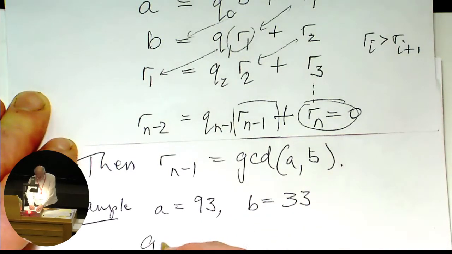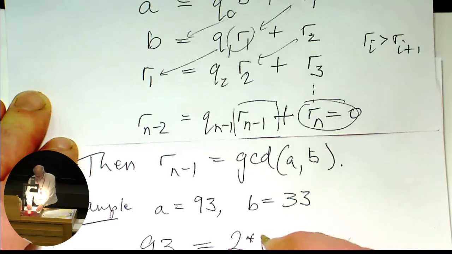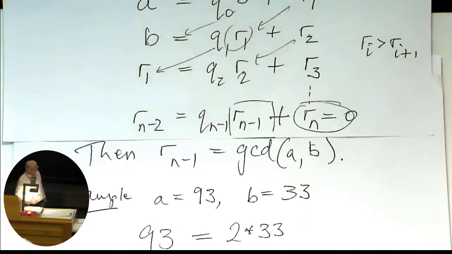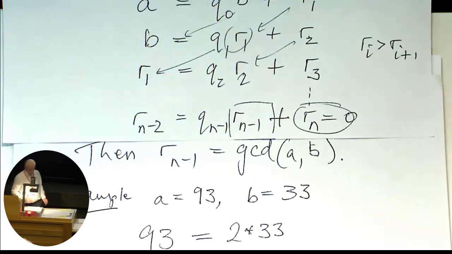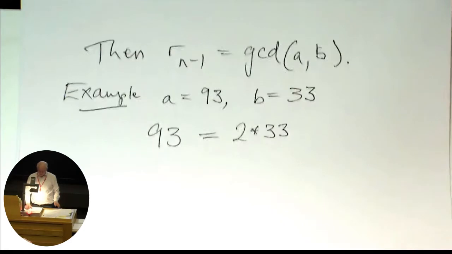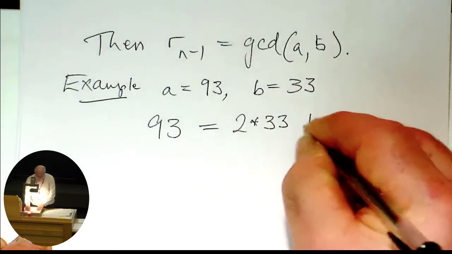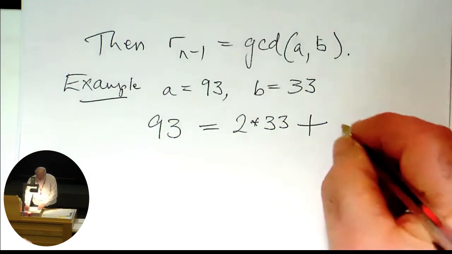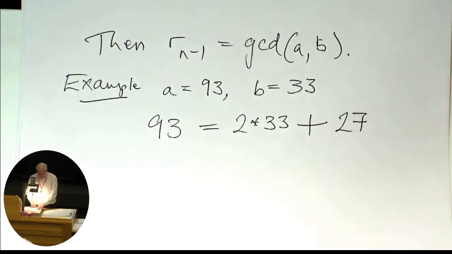We divide 93 by 33, unfortunately it only goes twice. The result is 66. And what's the remainder? 66, 24, 27. It's the first remainder, so that's r1.